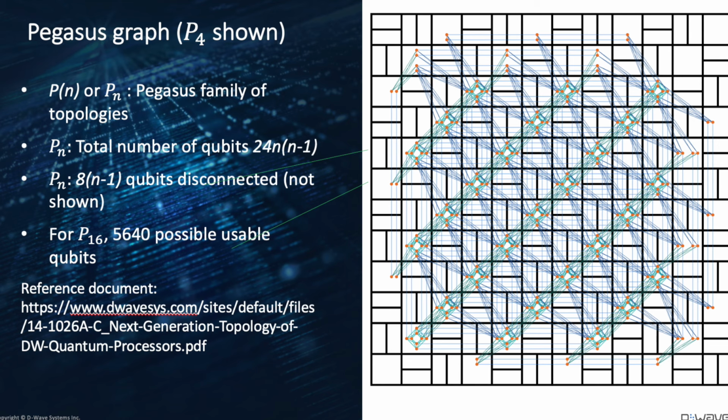For the P16, if you put in 16 for the n there, it'll come out 5760, but 130 are disconnected. So there are 5,640 usable qubits in the P16 Pegasus graph.